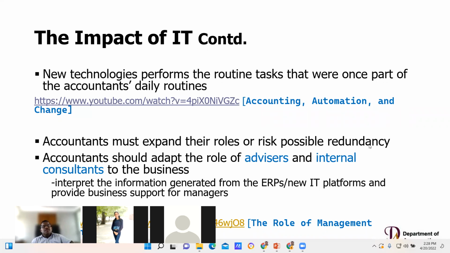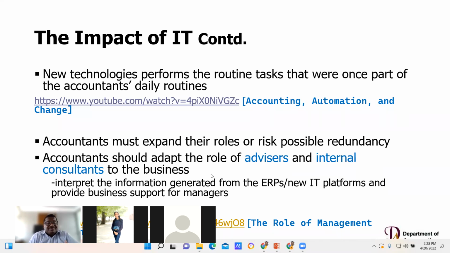Now, what you have to do is, when you use IT, there is risk also. Higher the return, higher the risk. So thereby, in management accounting, discussion of assessment of different risks is also a part of the subject. Accountants should have a role as advisors, internal consultants to the business.